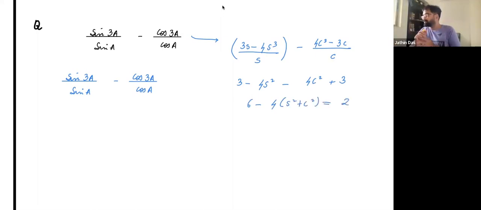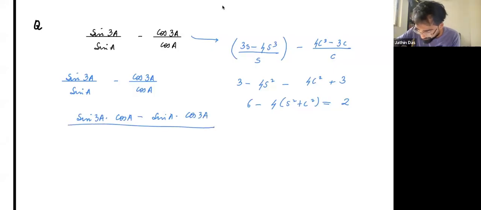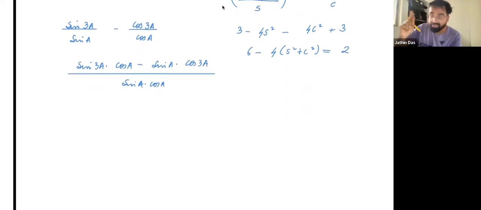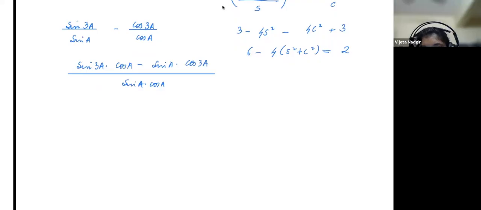Now here if you take LCM, like that also you can do. Divided by sin A cos A. Now on top it is basically the sin (A minus B) formula.